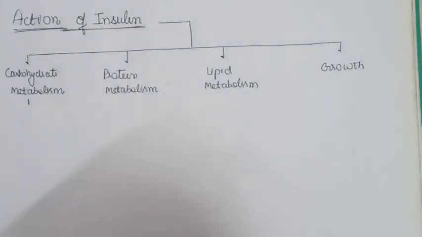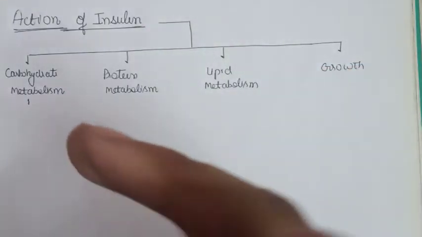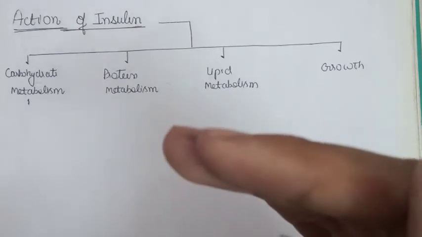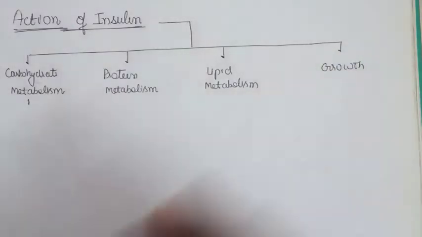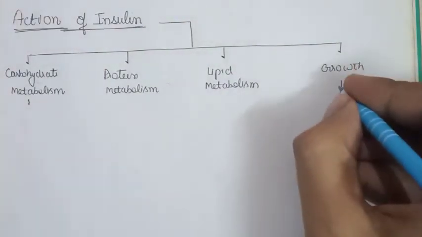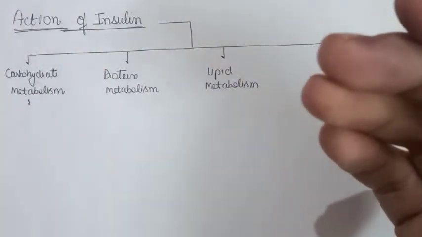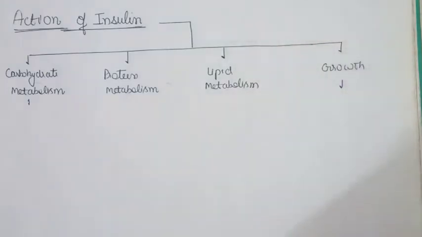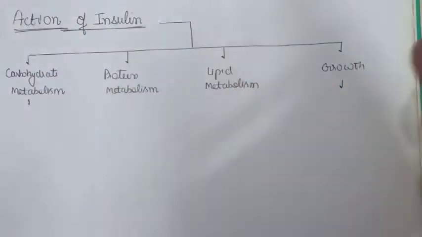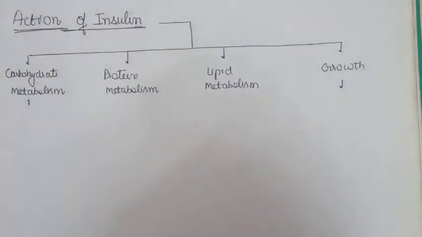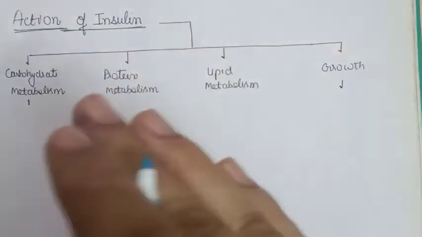Action of insulin we're discussing under 4 headings: carbohydrate metabolism, action on protein metabolism, action on lipid metabolism, and action on growth. So first let's complete the action on growth. As you all know, growth hormone is responsible for growth, but it has been found in certain studies that growth hormone alone cannot help in the growth of the body. It needs the help of insulin.